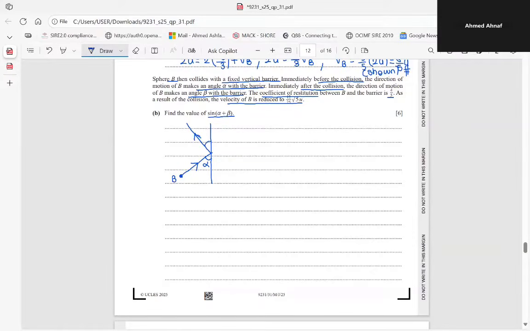So this is an angle beta. So one thing you would have to know is that the vertical component of the velocity of sphere B does not change before or after the collision. So we can equate that first.